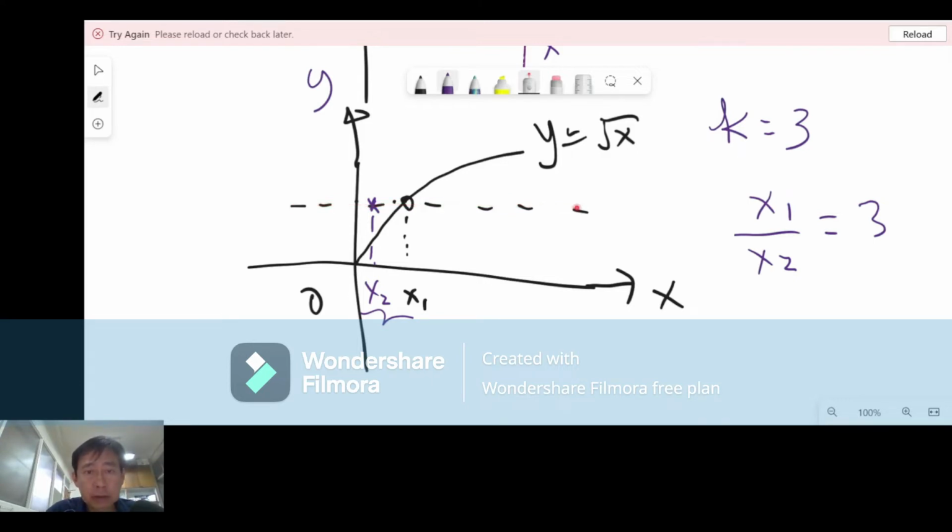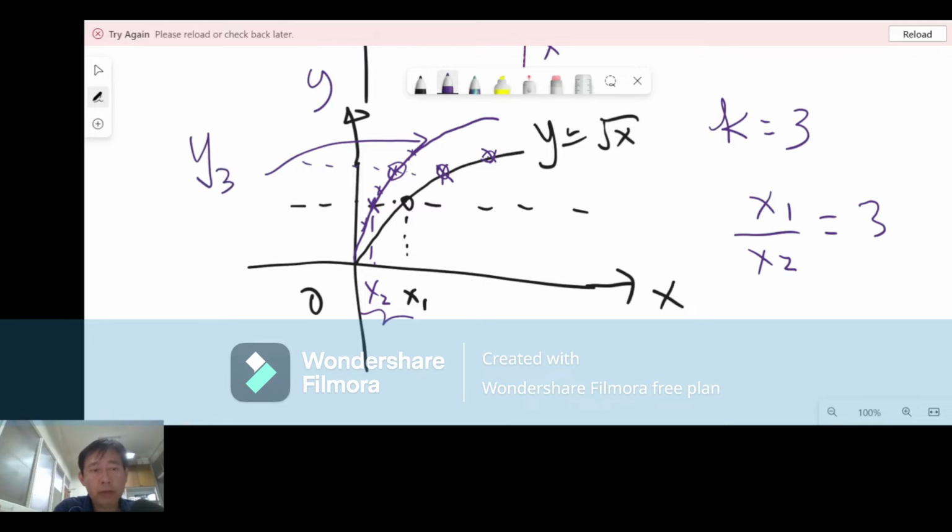So every single point is compressed closer to the y-axis, from this point to a new point, and you do that for every value of y to construct all the points of the compressed function. So this is the compressed function.